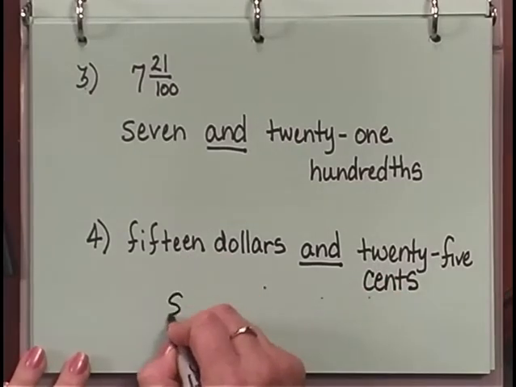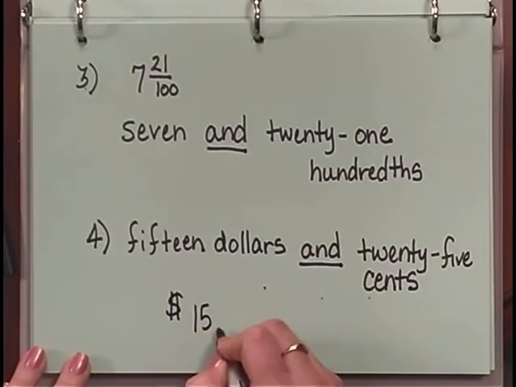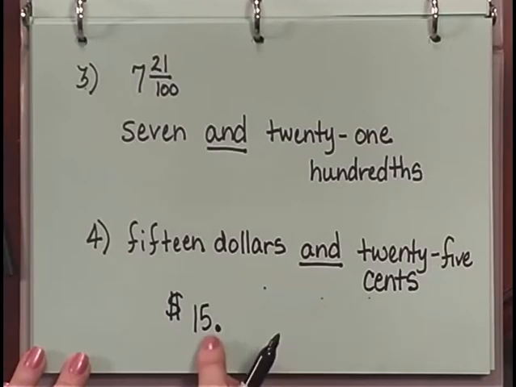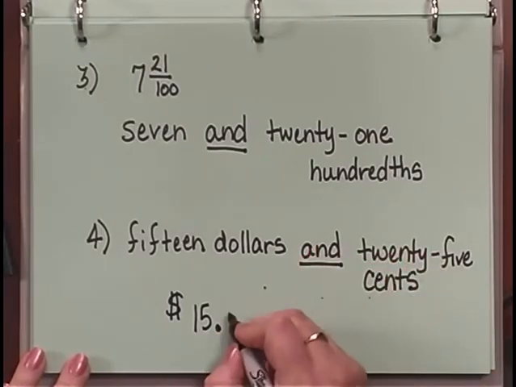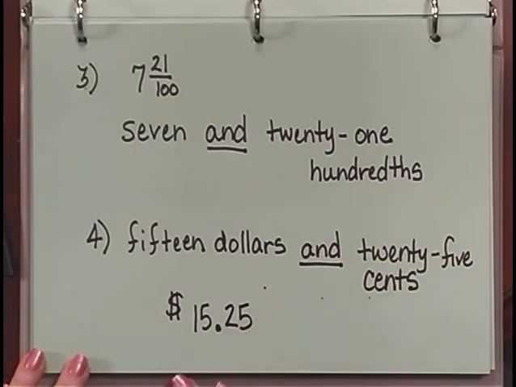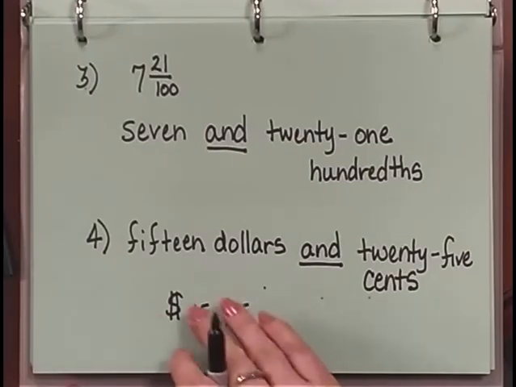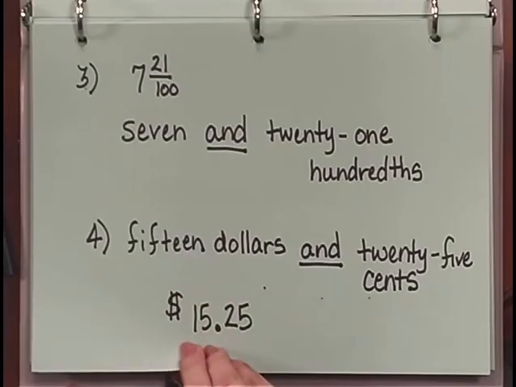So $15 would be 15 point. That decimal point is where we put the word and, then 25 cents would be 0.25. So $15.25.